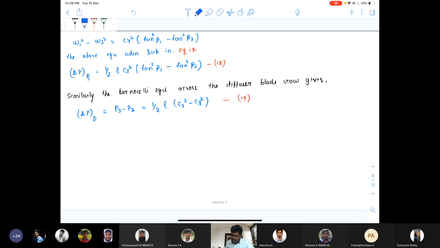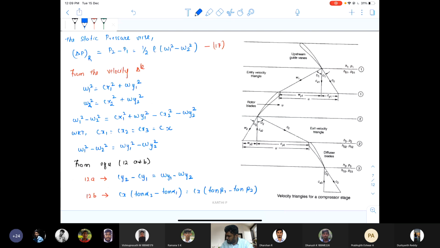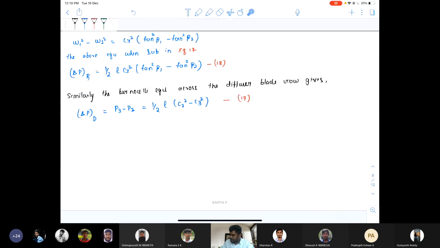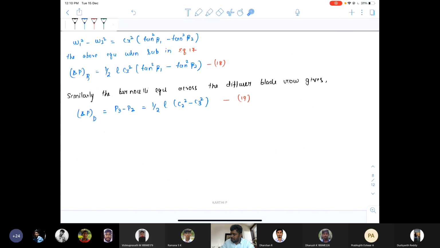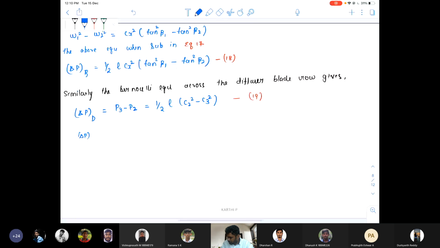Now, this equation, in the same fashion as we derived here, can be written as, we have taken W1 square minus W2 square as Wy1 square minus Wy2 square. If we take this equation in the same fashion, this equation can also be written as delta P of D will be equal to 1 by 2 times rho into Cy2 square minus Cy3 square.